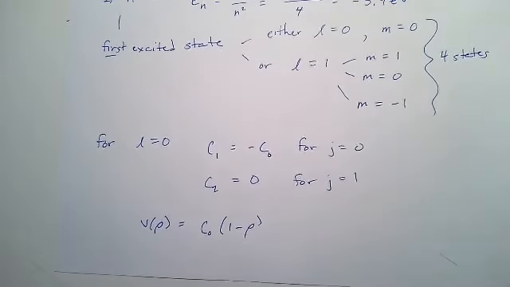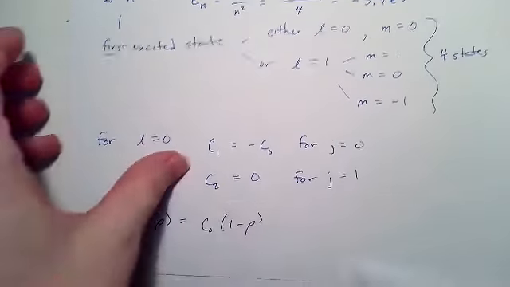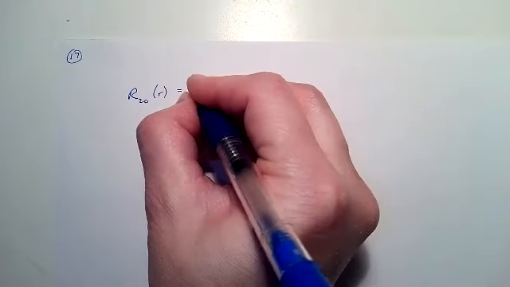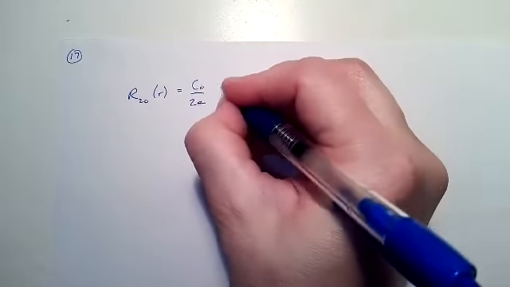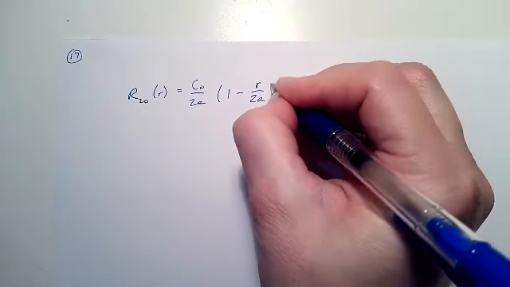And we're going to throw this into our equation for our radial function. So our radial function for n equals 2, L equals 0, as a function of r, is going to be c0 over 2a times the quantity 1 minus r over 2a.